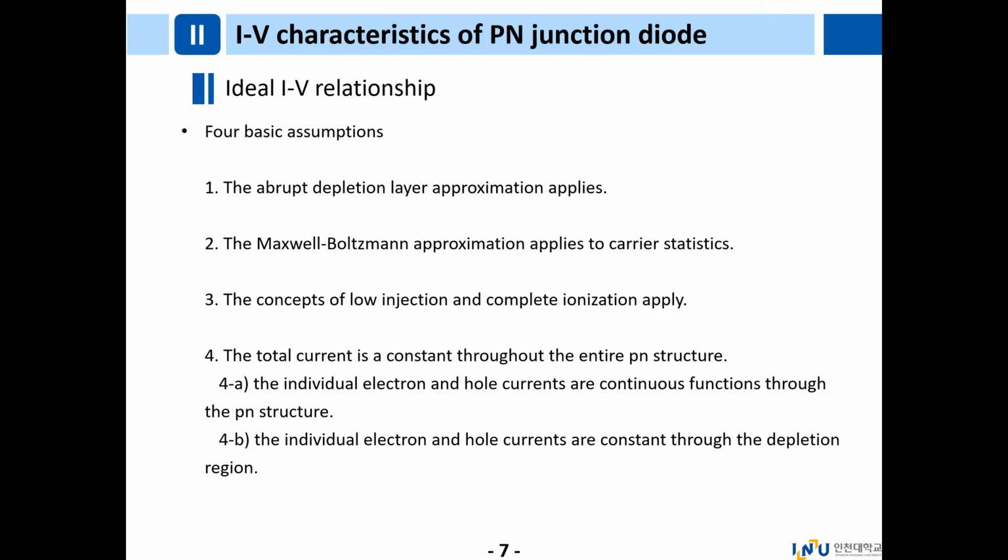In general, since the width of the depletion layer is very narrow, it is reasonable to assume that electron and hole currents do not change as they pass through this region.